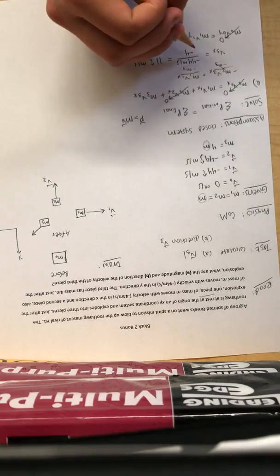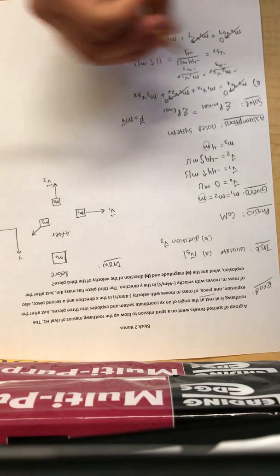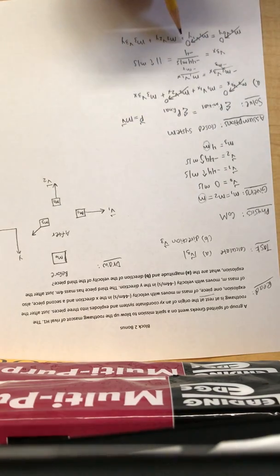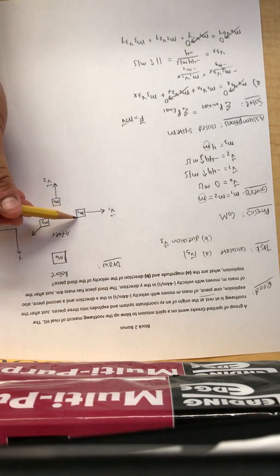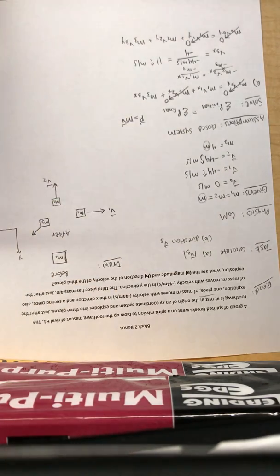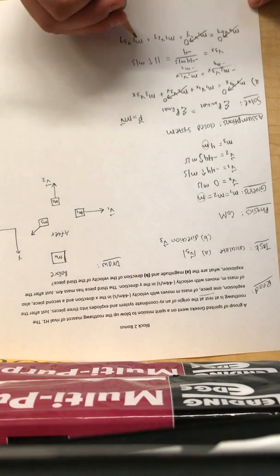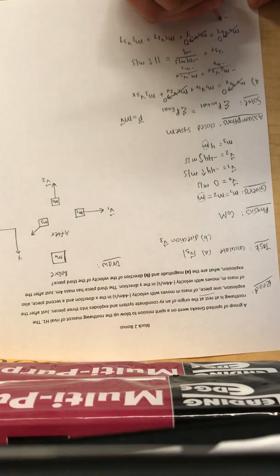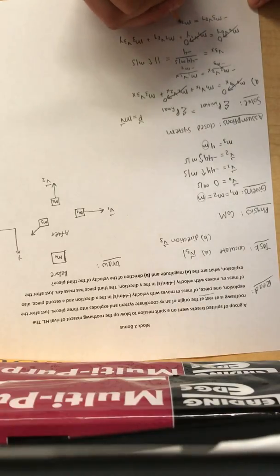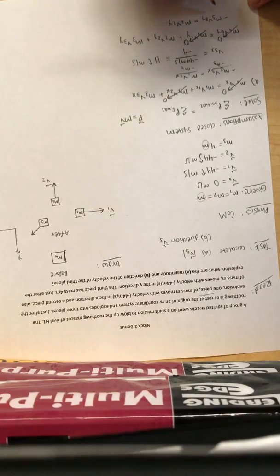And we can cancel out the first block in this piece as well because it's only moving in the x direction. So cleaning this up, it's a very similar process. We'll bring this over to the other side. v3y equals m2v2y. We're going to solve for the velocity of the third piece in the y direction.